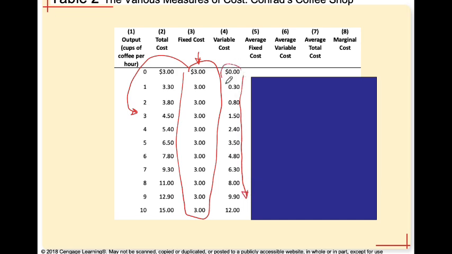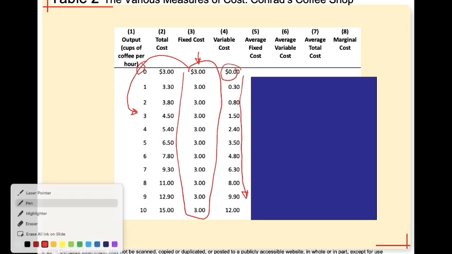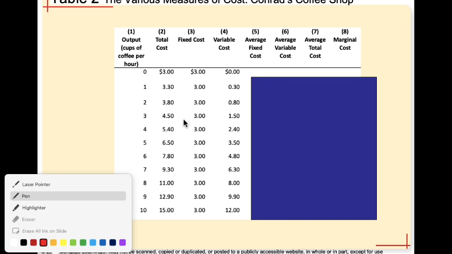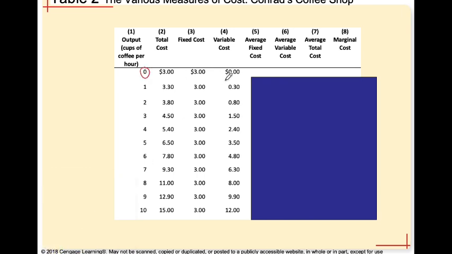So initially, when you were not producing anything, the variable cost was zero. The variable cost in producing the first cup of coffee was 0.3. The total variable cost, by the way, was 0.80.